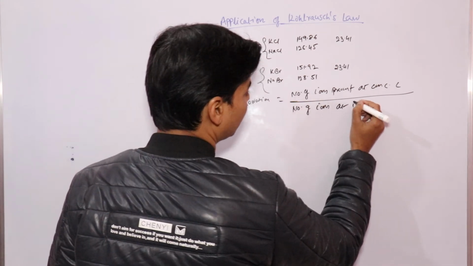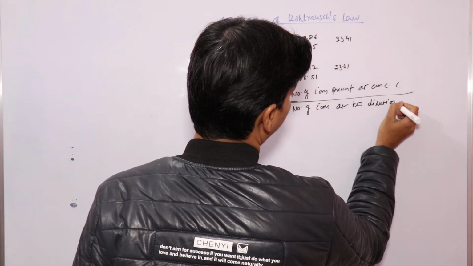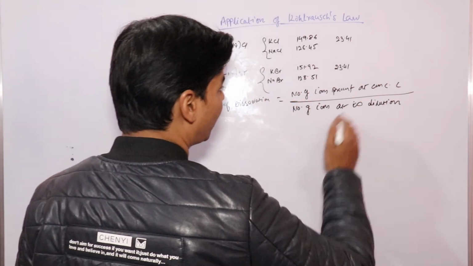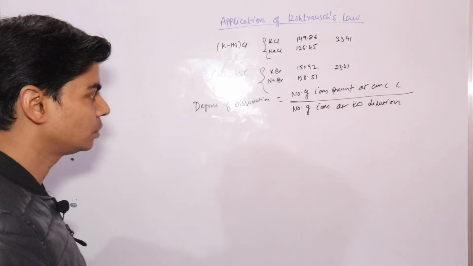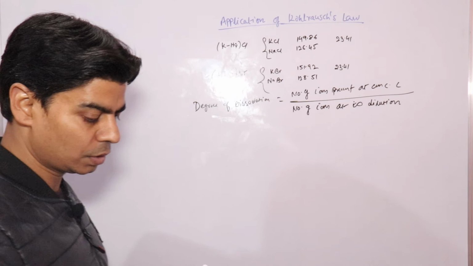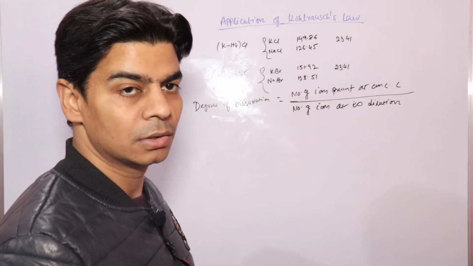So the number of ions at infinite dilution, and the number of ions at concentration C, right?